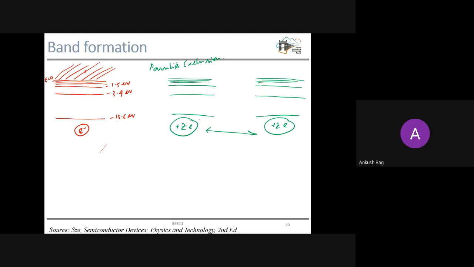Now here we have another interesting thing. When we bring these two atoms closer and closer, there will be a split in the energy level. So this energy level cannot remain the same; this particular energy level, let's say at 13.6, will not be the same.